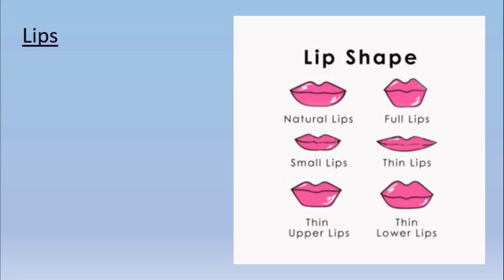Lip shapes are interesting. So make sure you can describe the shape of people's lips. We can also talk about lip color. Again, the pattern to use is size, shape, and then color.